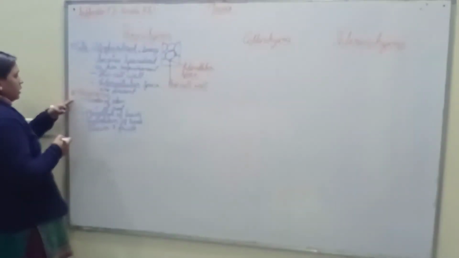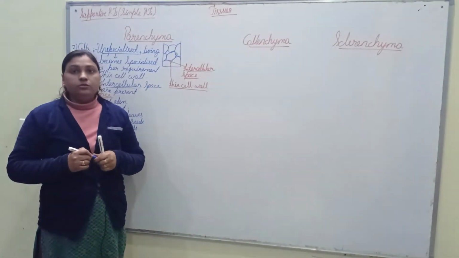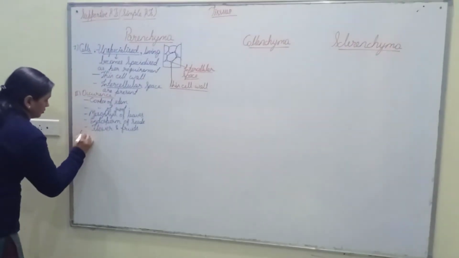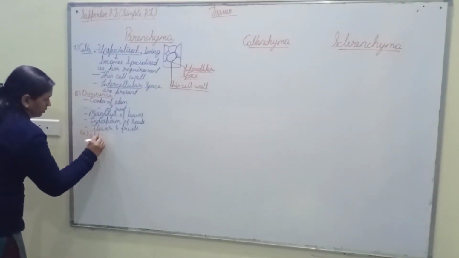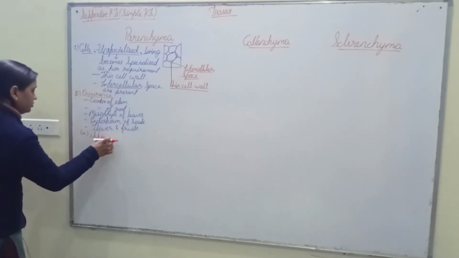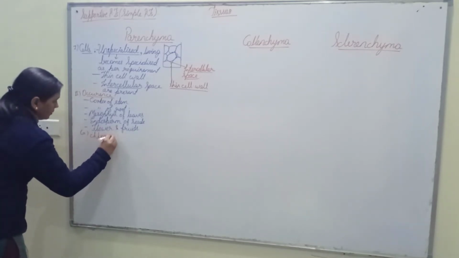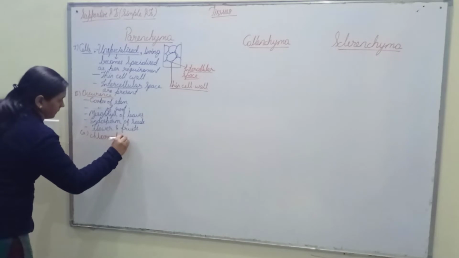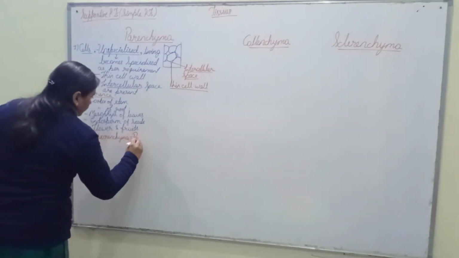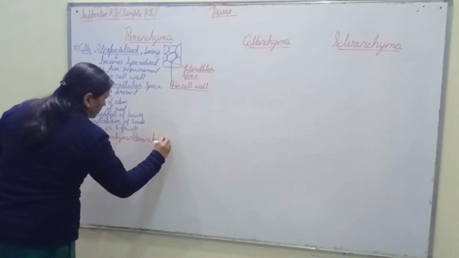And if we talk about the occurrence of parenchyma, parenchyma also exists in two forms. First is chlorenchyma. Chlorenchyma means parenchyma plus chlorophyll.